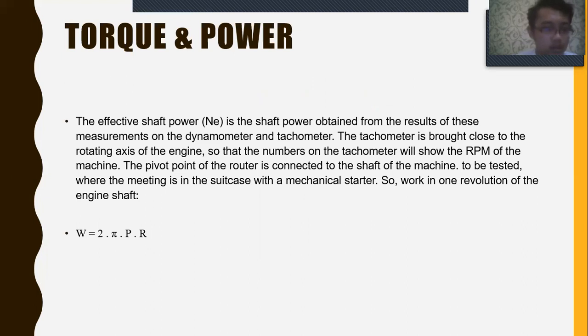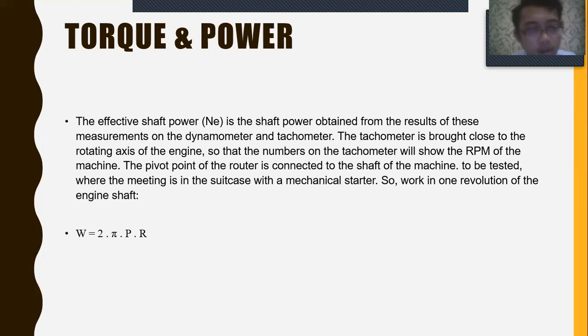Torque and power. The effective horsepower NE is the horsepower obtained from the result of measurement on the dynamometer and tachometer. The tachometer is brought close to the rotating axis of the engine, so that the number on the tachometer will show the RPM of the machine.